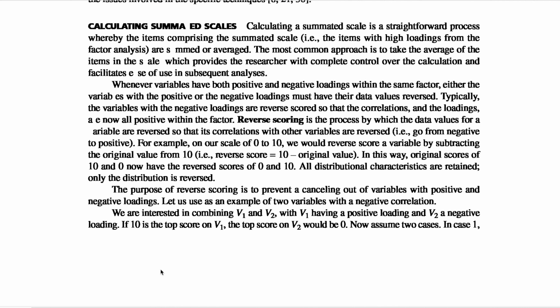Let us use an example of two variables with a negative correlation. We are interested in combining variable 1 and variable 2, with variable 1 having a positive loading and variable 2 a negative loading. If the top score of V1 is 10, the top score of V2 would be 0. Assume two cases.